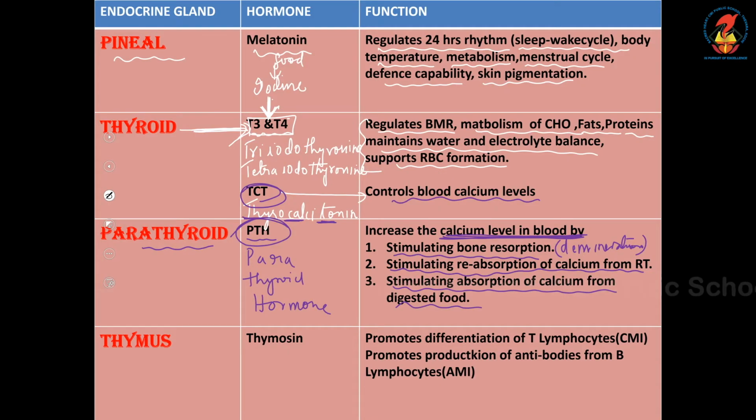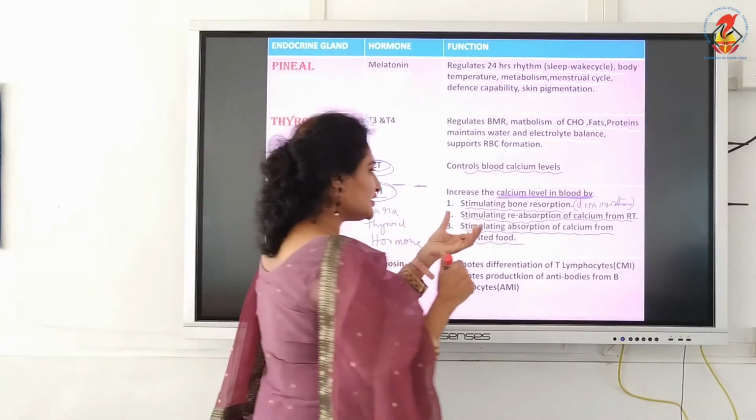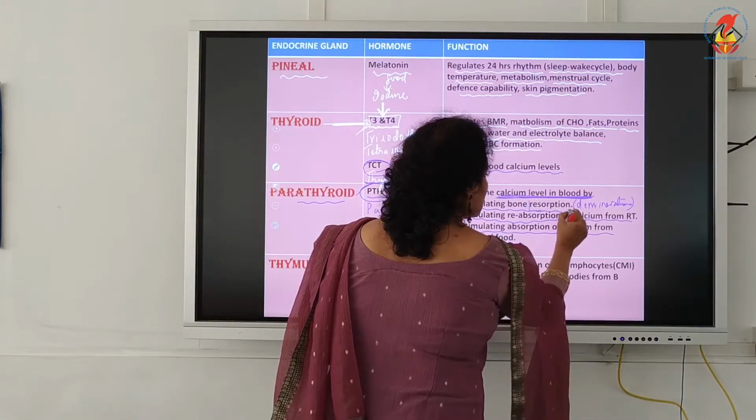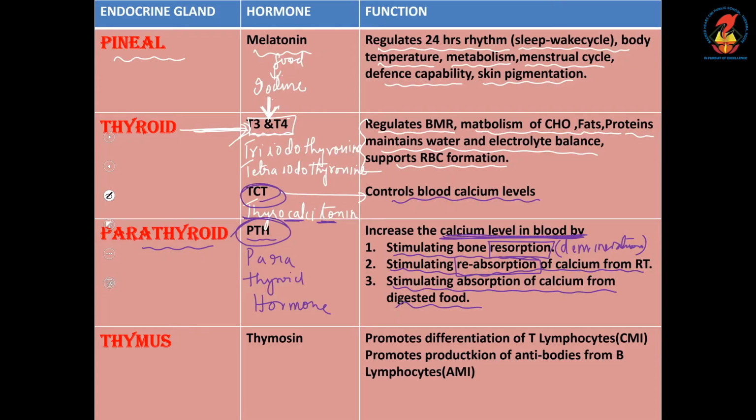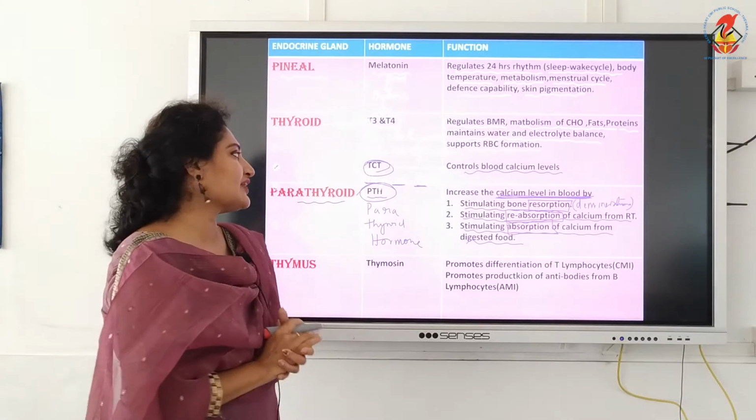It increases the calcium level in the blood by, one method, stimulating bone resorption, bone demineralization, stimulating reabsorption of calcium from the renal tubules, and third, stimulating absorption of calcium from the digested food. So these three terms are very important: resorption, reabsorption and simple absorption of calcium, and therefore the blood contains a high level of calcium.